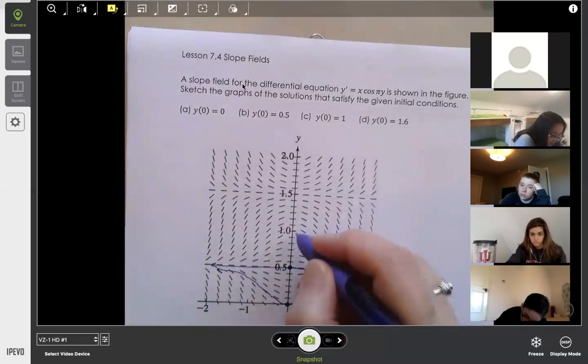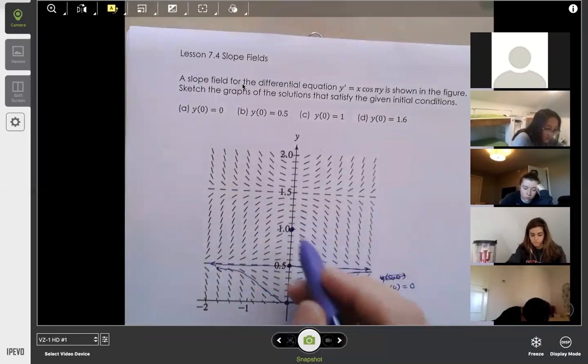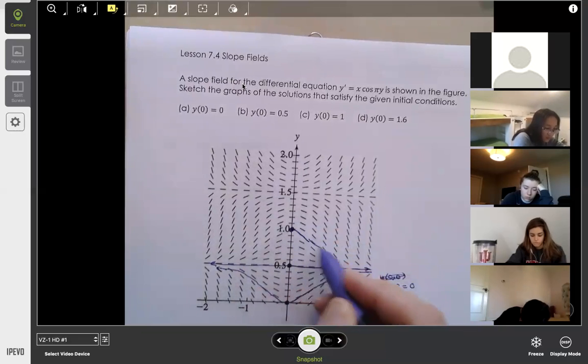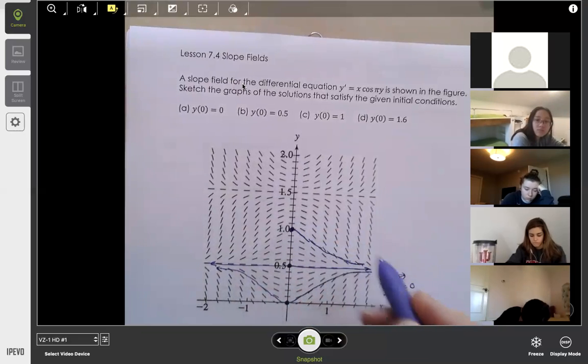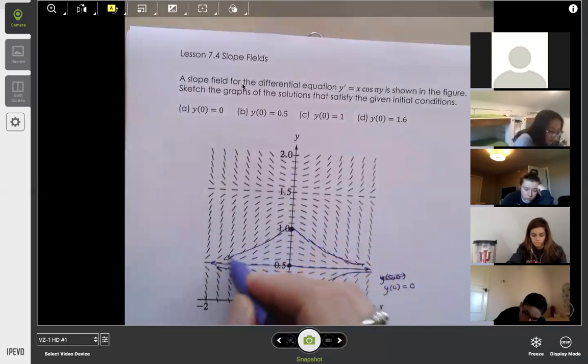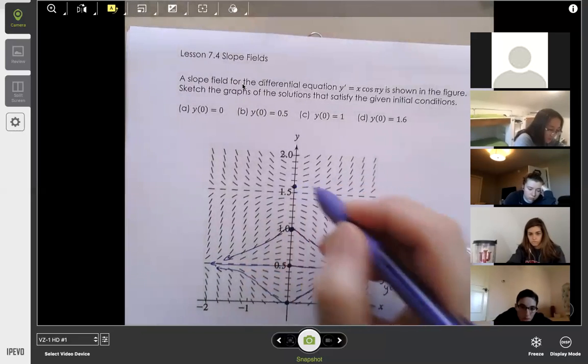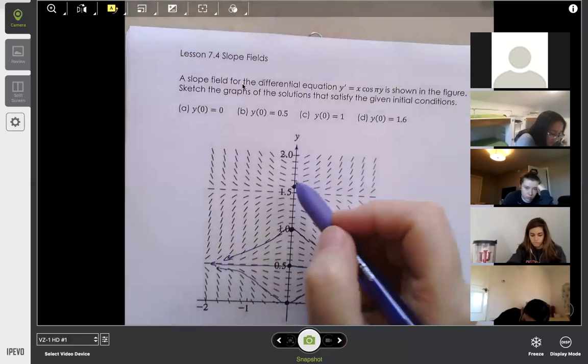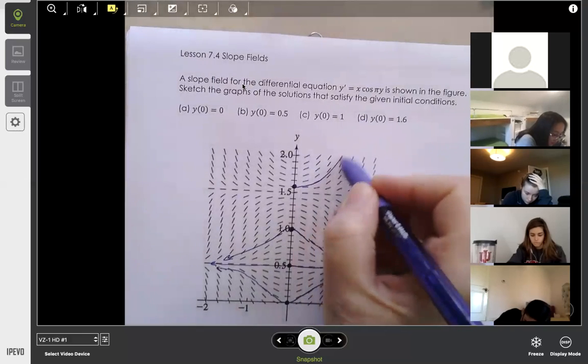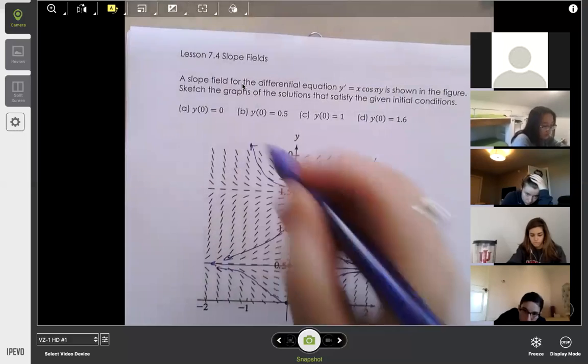Y of 0 is 1. Okay, well, it looks like it goes down, and it looks like I would be hitting a tangent line. Y of 0 is 1.6. That would be up here. Oh, that looks kind of like that.